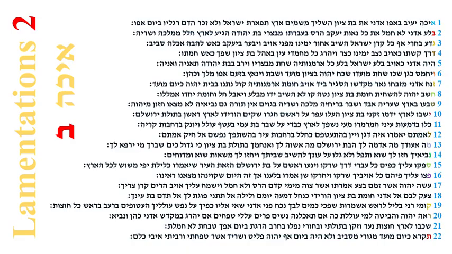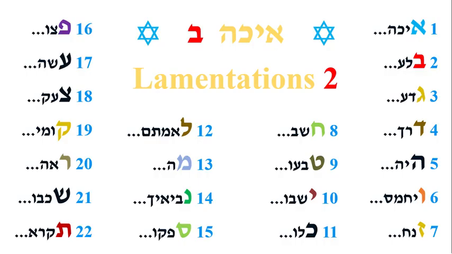Here's chapter 2. Again, too hard to see. Let's zoom in. Boom, there it is. Oh, there's verse 1, Aleph, Beit, Gimel, Dalet, Hey. You see, very nice, very nice. Wait a minute. Look at verse 16 and 17. Remember, Pei is the 17th letter of the Hebrew alphabet.